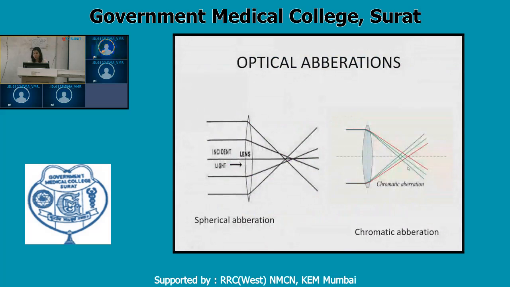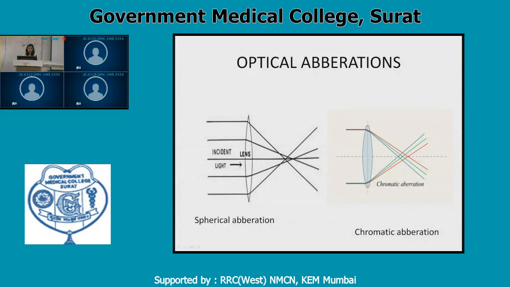So when we see colored objects, the refraction of light is different for different wavelengths, and this produces chromatic aberration. When white light is broken into a spectrum of different wavelengths, the light rays focus at different points. But these are physiological conditions and do not need any correction.